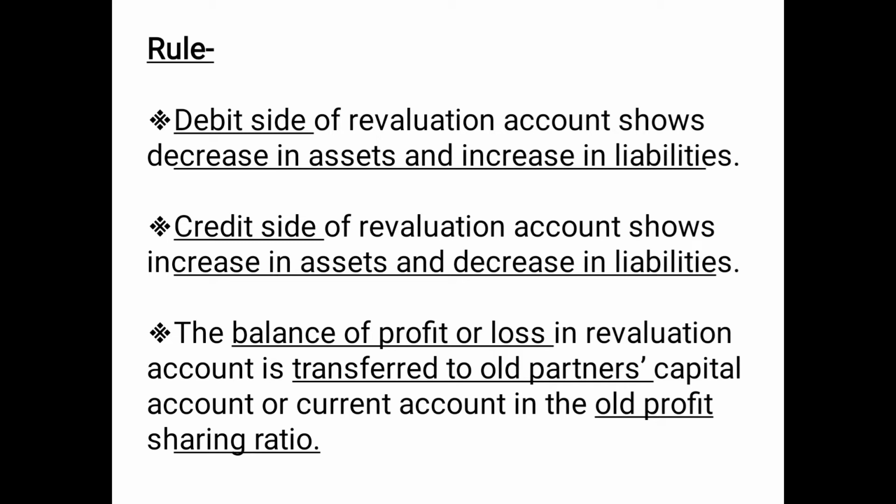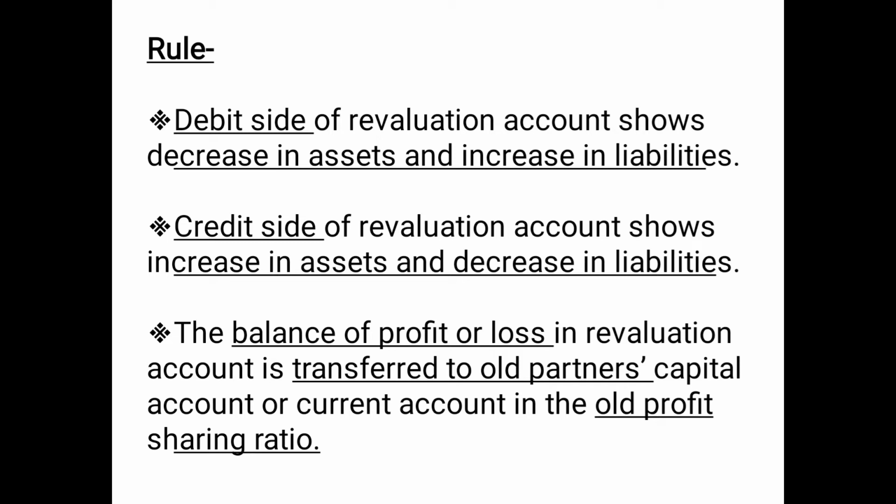For example, if there are creditors worth rupees 50,000 at the beginning of the year, but at admission the creditors become 70,000, so there is an increase of 20,000 in creditors, a liability. So this 20,000 increase in creditors, since it is an increase in liability, will be shown on the debit side as to creditors 20,000.